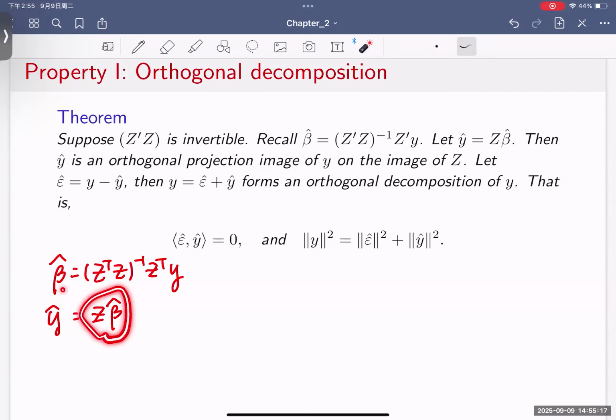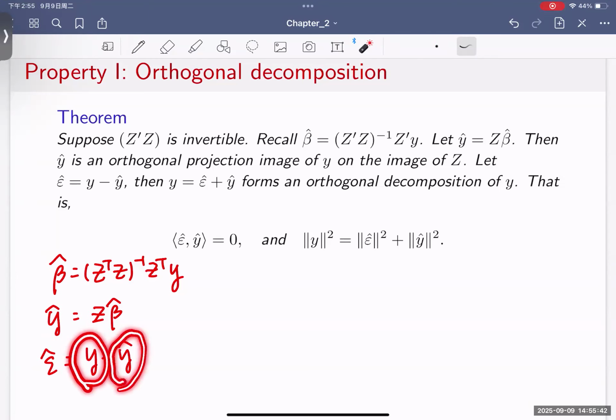This is what we have already estimated, and this is our training data, the features. We multiply them together, and this is our prediction value. And we can also define our prediction error, Y minus Y hat. This is our observation minus our prediction, so it's the residual error or the prediction error.